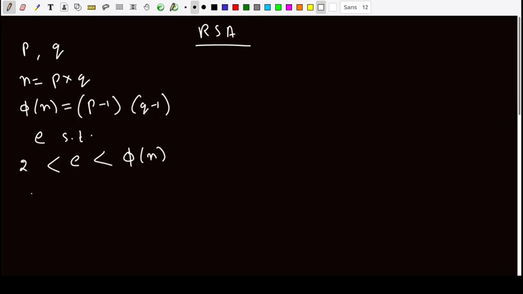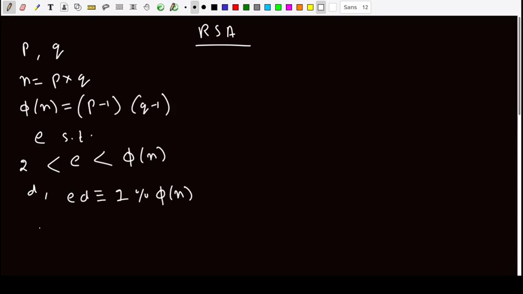Then we compute d. d is the private exponent such that ed is congruent to 1 modulo phi n. I'll explain this when we take examples about congruence.